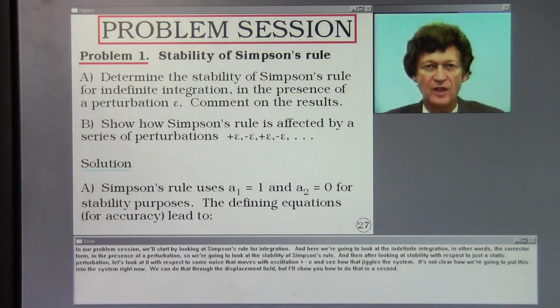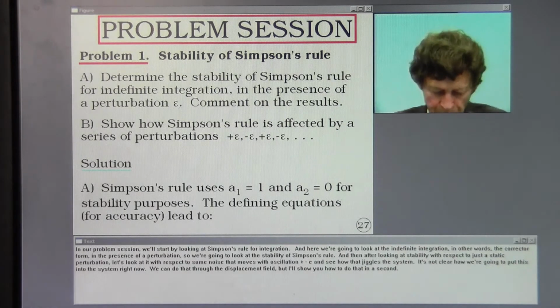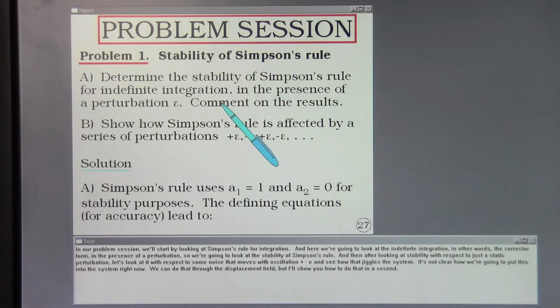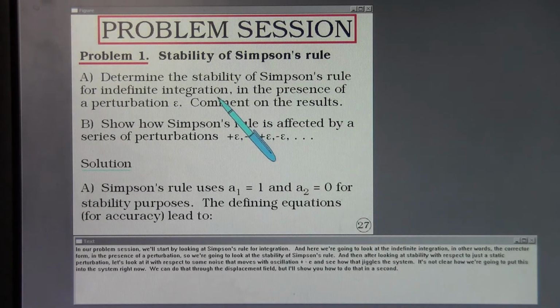In our problem session, we'll start by looking at Simpson's rule for integration. And here we're going to look at the indefinite integration, in other words, the corrector form, in the presence of a perturbation. So we're going to look at the stability of Simpson's rule.